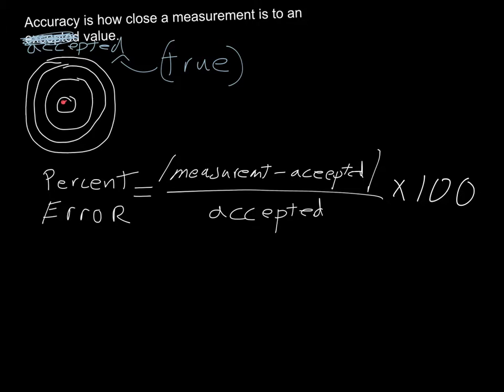So percent error is the absolute value of, see, those are absolute value signs right there, right? Absolute value signs. Percent error is the absolute value of the measurement minus accepted divided by accepted times 100.